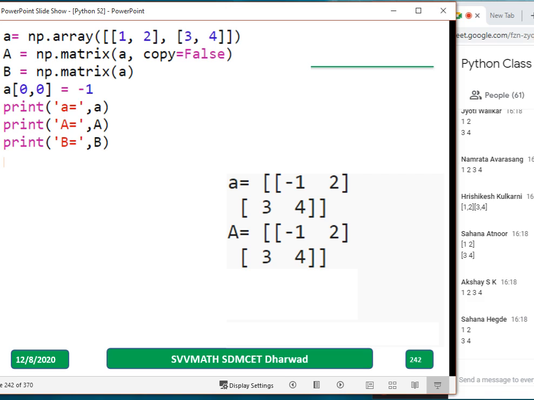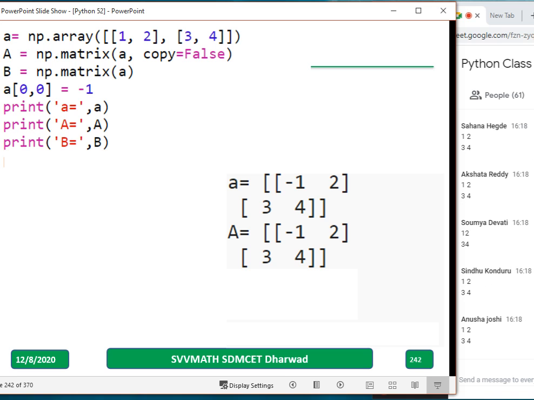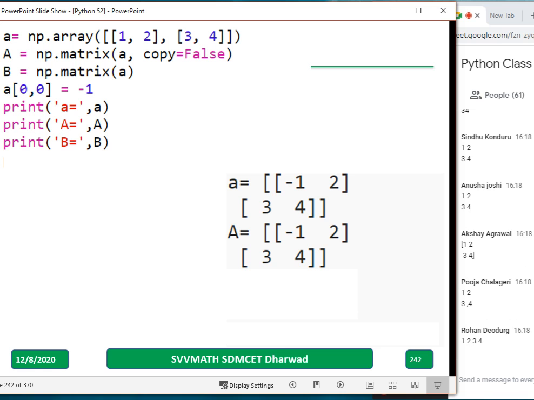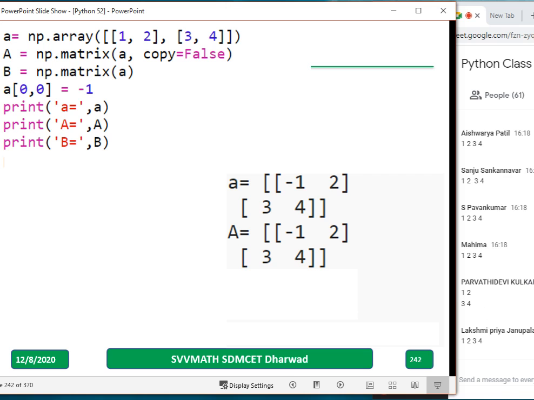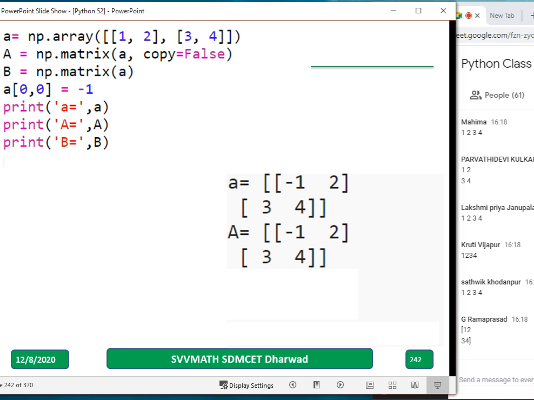I think everybody is typing now 1, 2, 3, 4 as an answer. I am sure this time they are not copying from somebody. Whatever they are getting in their mind, Lakshmi Priya, Kruti, Satvik, Ram Prasad, all are typing the same answer.